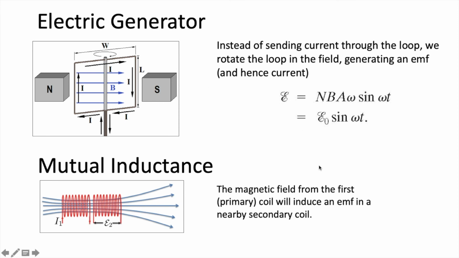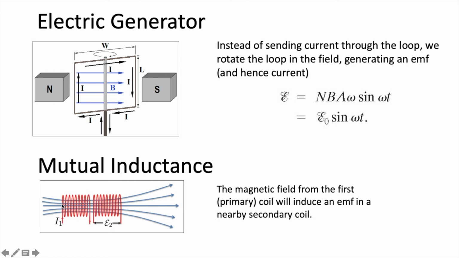The next example is mutual inductance. The magnetic field from the first primary coil will induce an EMF in a nearby secondary coil. Here is the first way to produce current. If we already have some current, we can pass that current through a loop of wire or a solenoid.